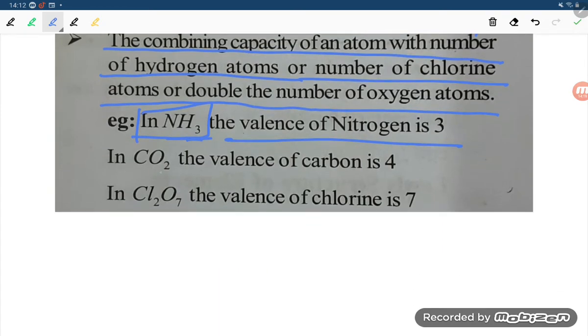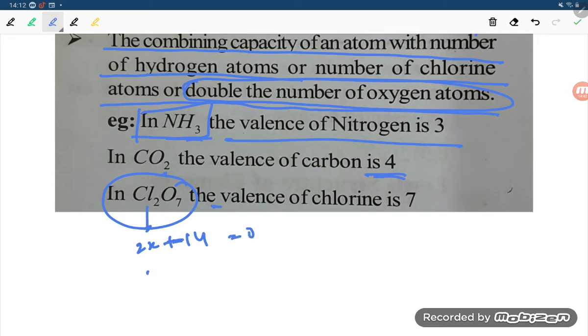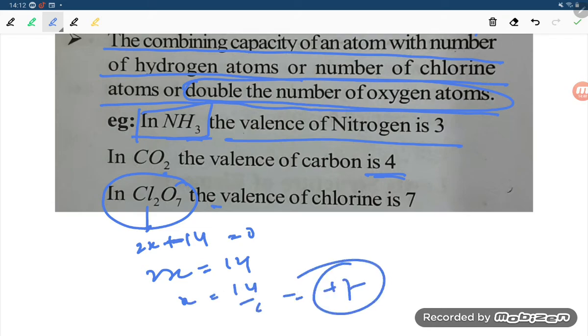CO2 combines with 2 oxygen, so its valency is 4, because the number of oxygen atoms is multiplied by 2. In Cl2O7, valency is 7: 2x minus 14 equals 0, so 2x is equal to 14, x is 14 by 2, that is plus 7, so valency is 7.